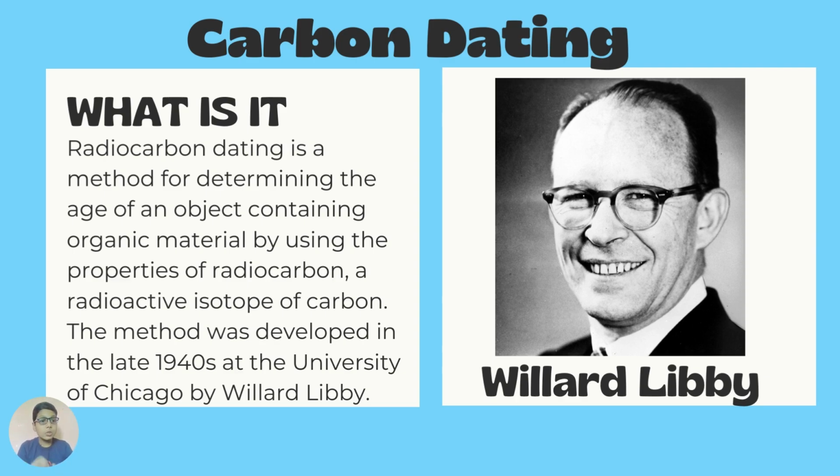Organic materials means those which contain carbon. Radiocarbon is also known as carbon 14, the isotope number 14 of carbon. So that is why this is also known as radiocarbon dating.